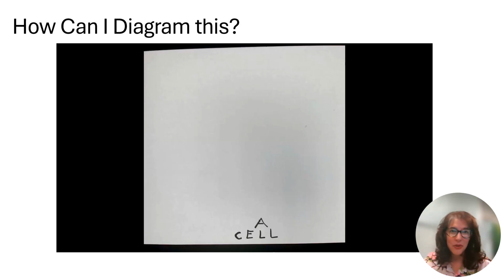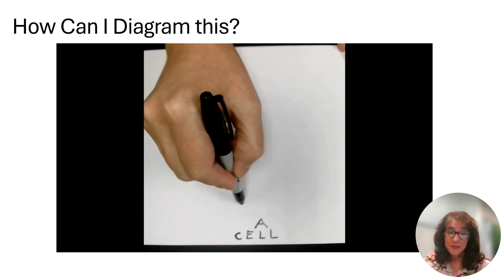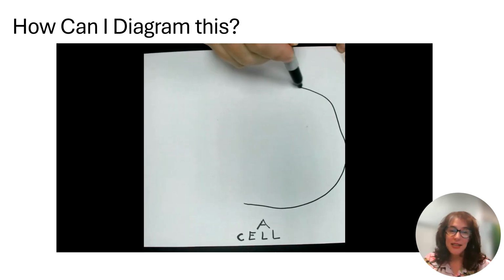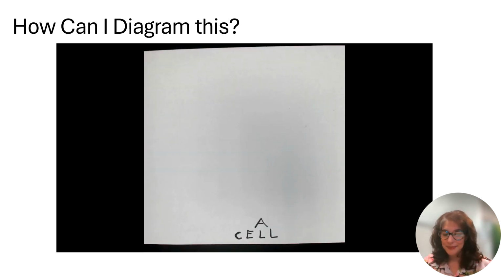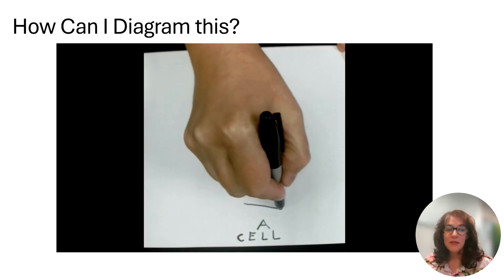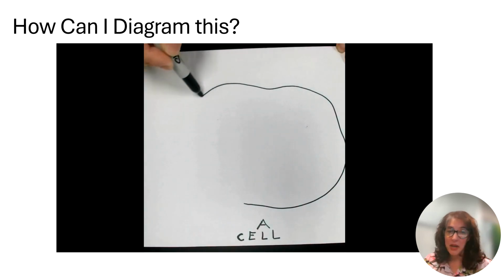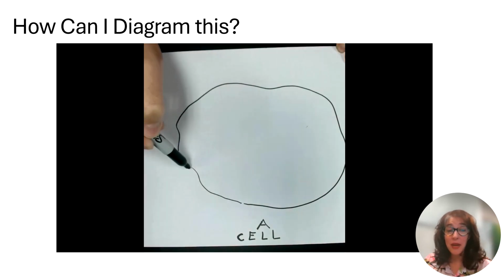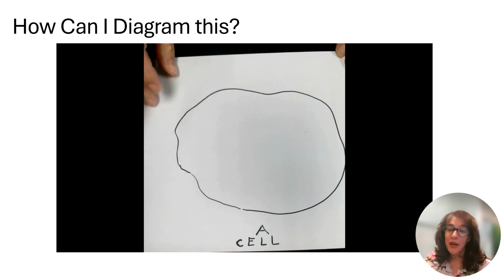So how could we diagram this? Well, here's how I might diagram it in my notes. If I'm looking at a cell, I'm going to draw an animal cell because why not? We have our amorphous blob shape for our animal cell, our eukaryotic cell, and we have a nucleus.